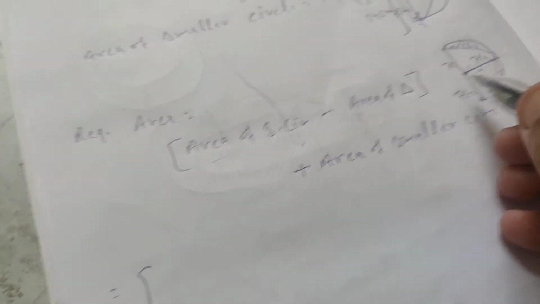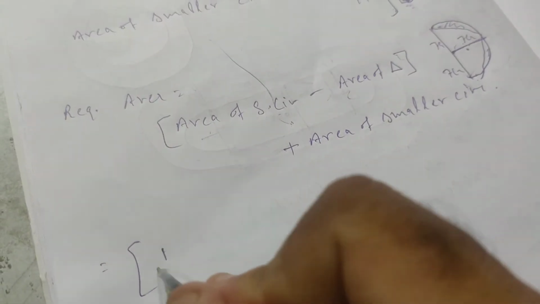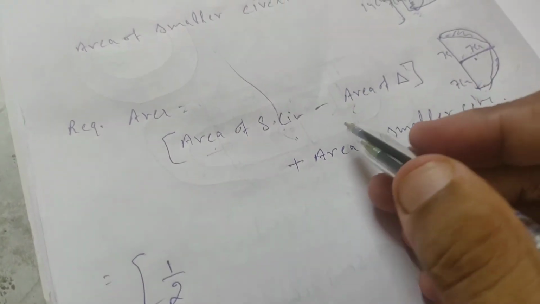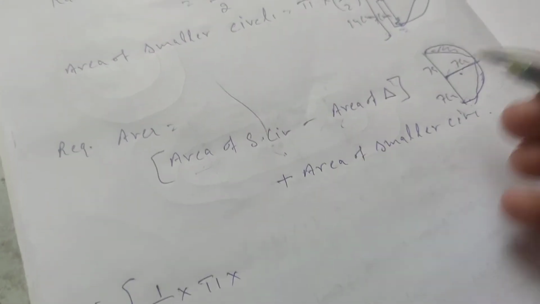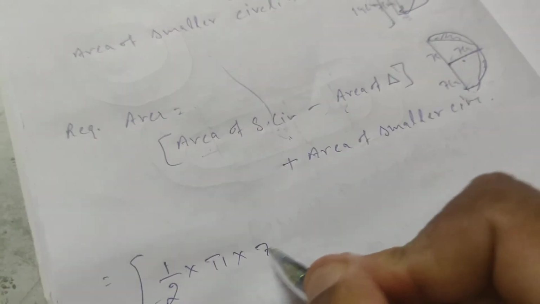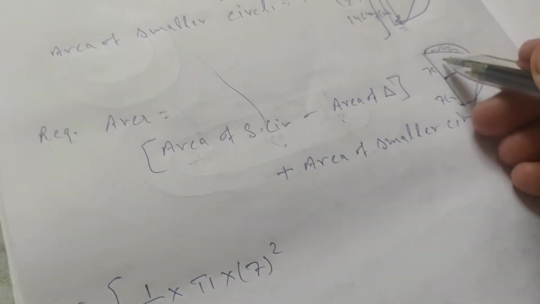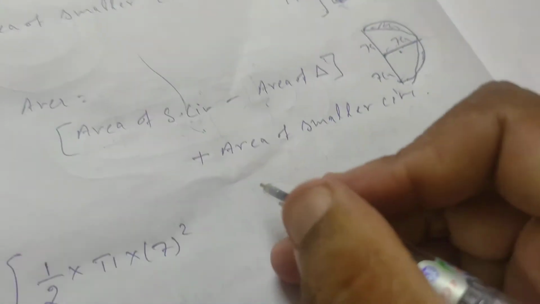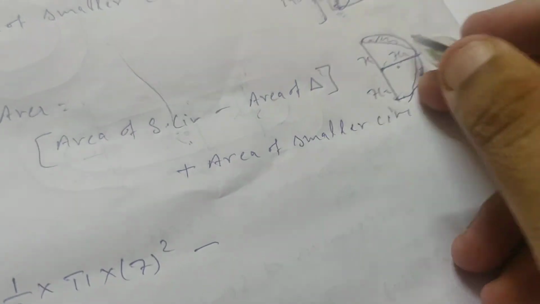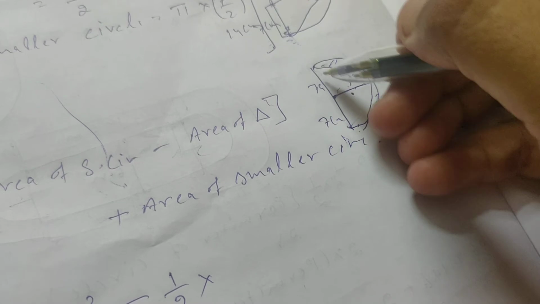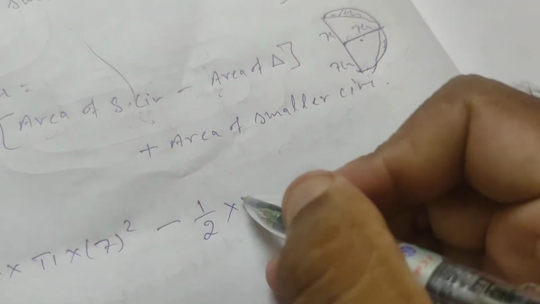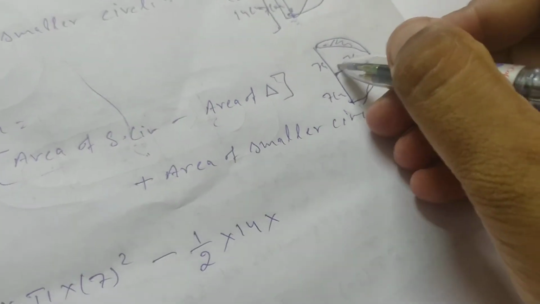So beta, the area of semicircle is half of the circle's area pi r square, so half into pi into 7 square. Okay, minus area of triangle, that is half into base, beta this is the base which is 14 centimeter, and height.